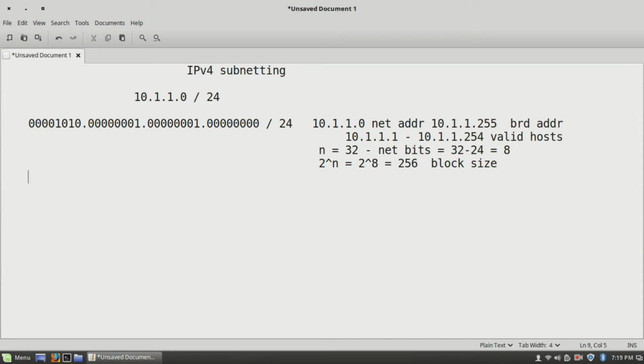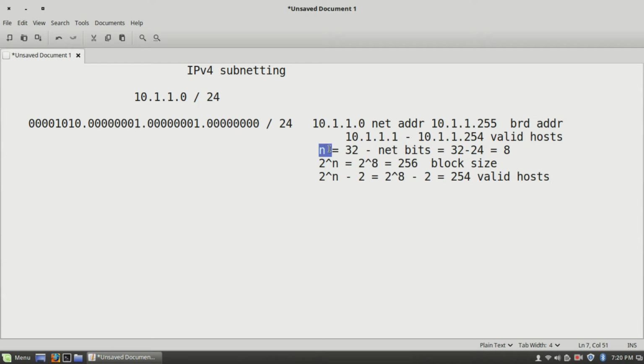Okay, this is the block size. Now if I take 2 to the power n minus 2, that becomes 2 to the power 8 minus 2, which is equal to 254. These are valid hosts.